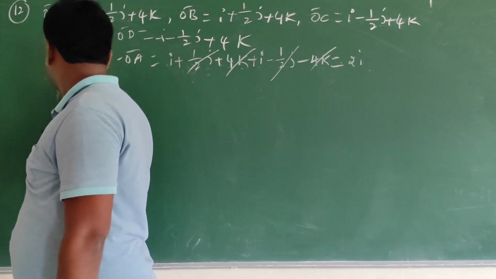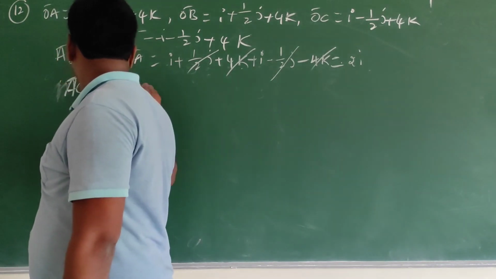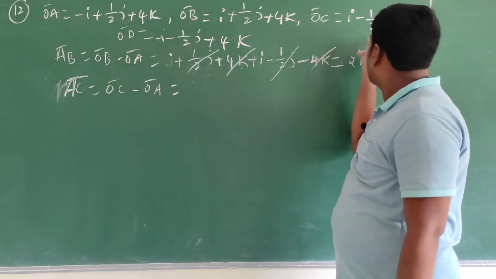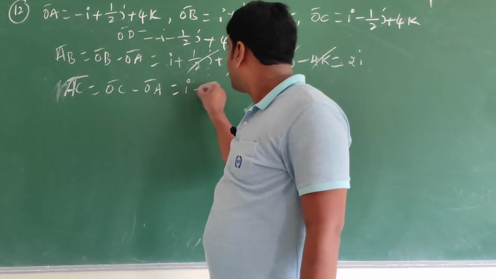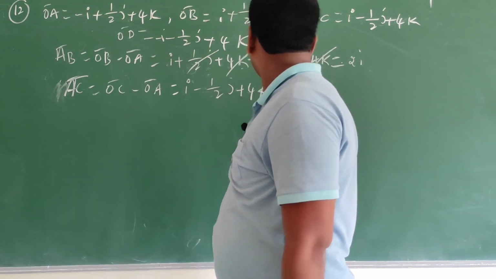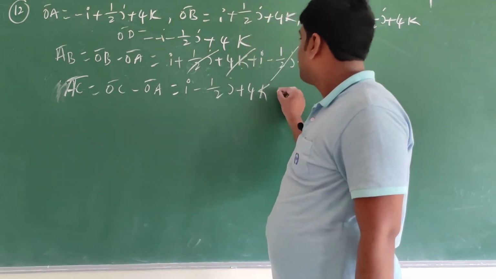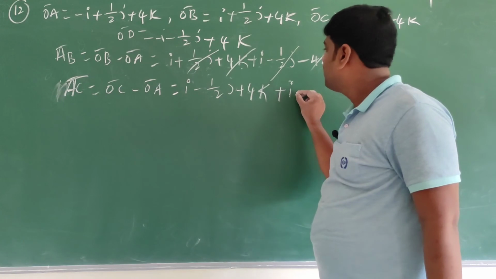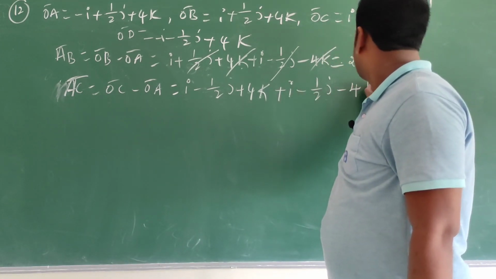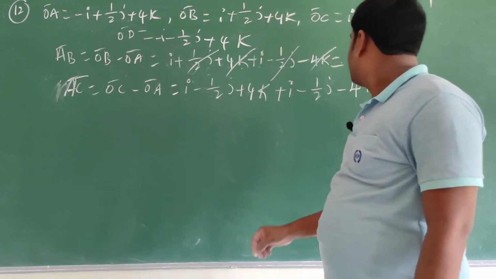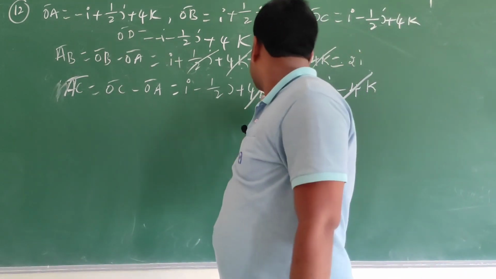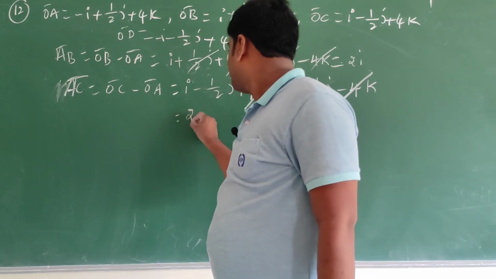Now come to AC bar. AC bar equals OC bar minus OA bar. OC bar is i cap minus 1 by 2 j cap plus 4k cap. OA bar is plus i cap minus 1 by 2 j cap minus 4k cap. 4k cancels. i plus i is 2i.